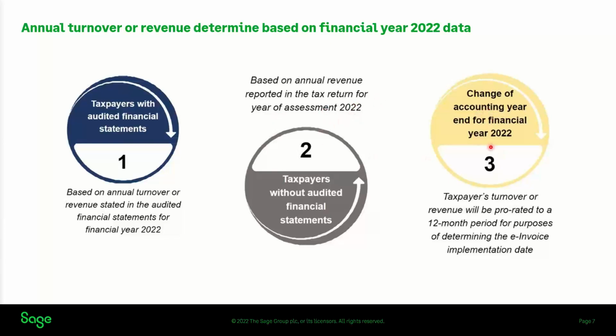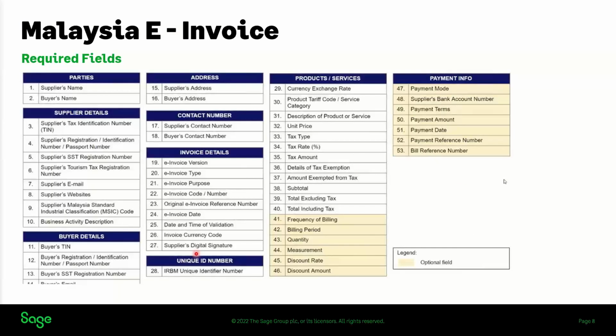For condition number 3, changes of accounting year for financial year 2022, they will use the taxpayer's turnover or revenue prorated to a 12-month period for the purpose of determining the e-invoice implementation date. All these criteria are for LHDN to determine your starting date for e-invoicing.